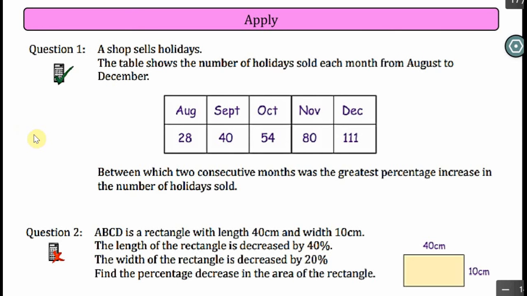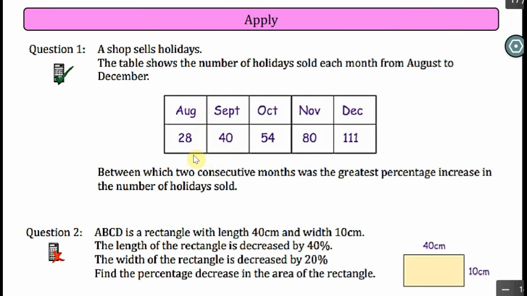On the applied questions, this first one is a great example of why the multiplier method can be a bit more efficient sometimes. So a shop sells holidays. The table shows the number of holidays sold each month from August to December. Between which two consecutive months was the greatest percentage increase in the number of holidays sold? So consecutive means next to each other.